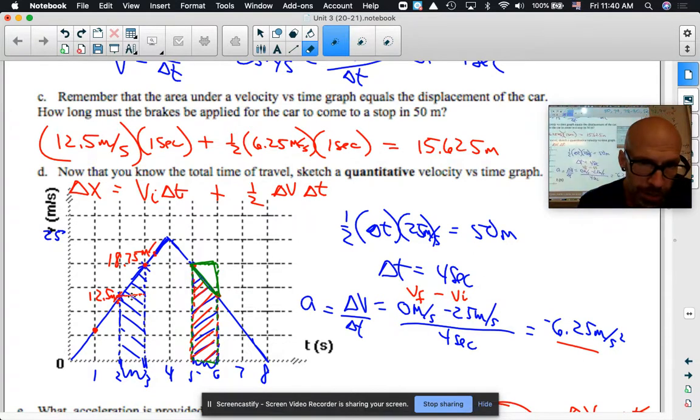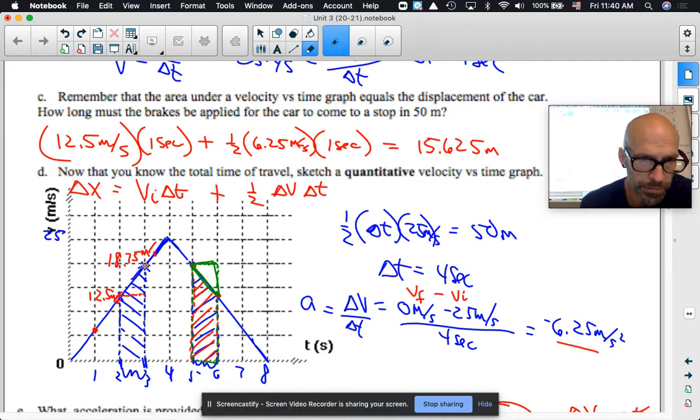But then we still have this little triangle here above the rectangle. Now, how tall is that triangle? Well, remember, after another second in time, the velocity goes up another 6.25 meters per second, which makes it the 18.75 that I wrote in here.